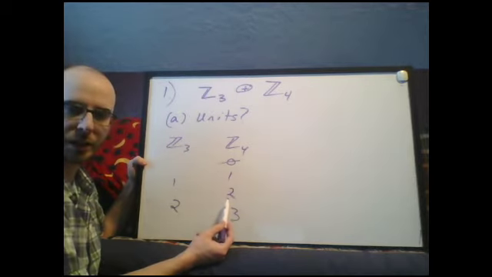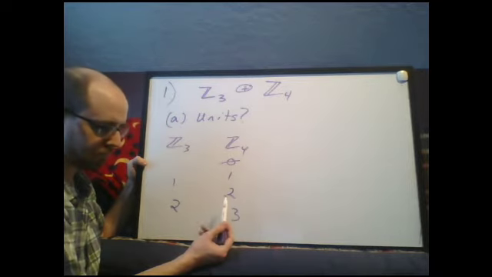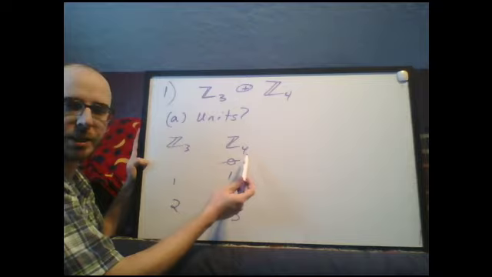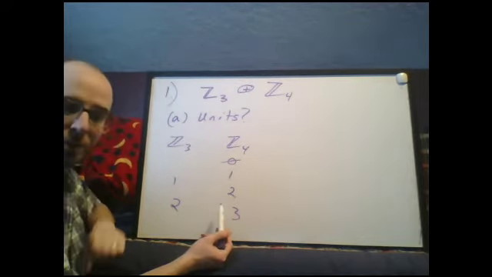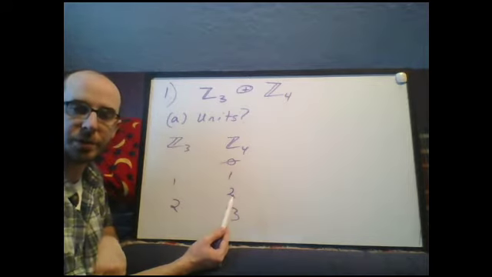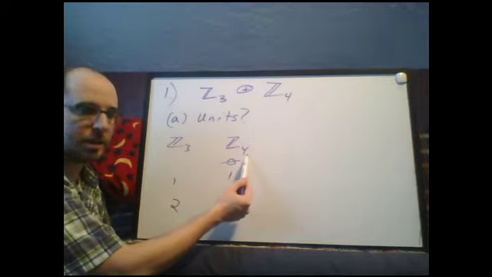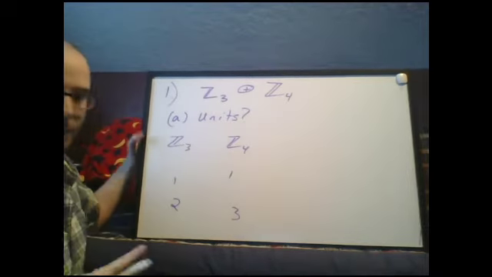There is no multiplicative inverse for 2, and we know that because it shares common factors with 4. In Zn, remember, an element has a multiplicative inverse if it is relatively prime to the subscript. So 2 is not invertible.